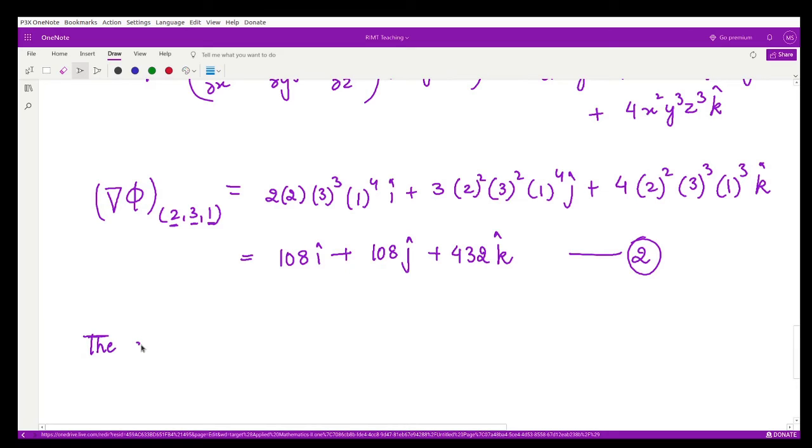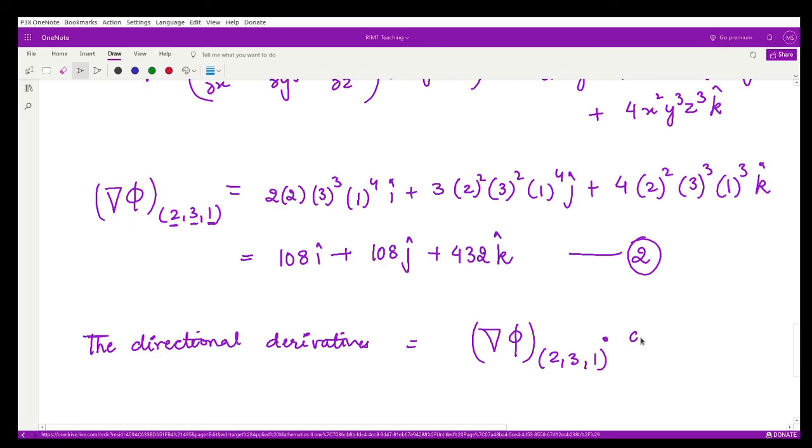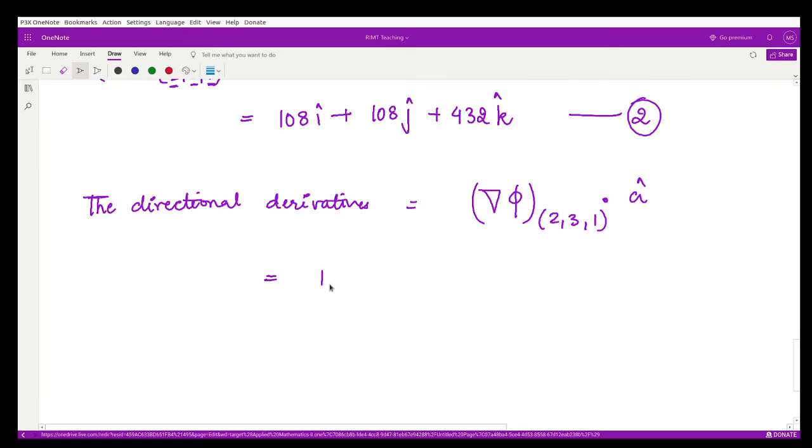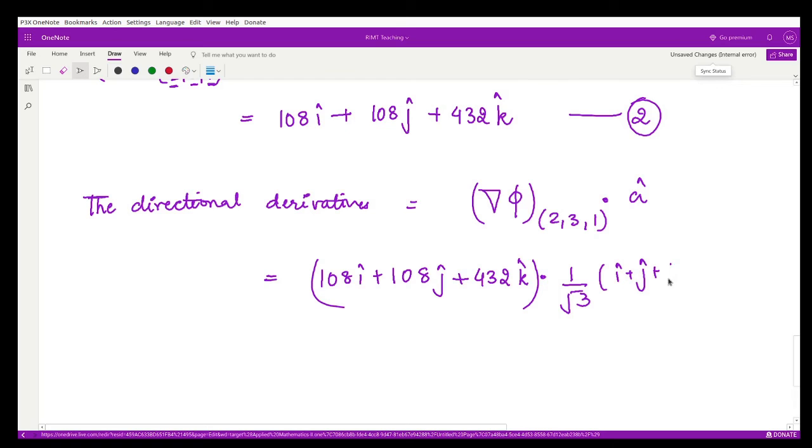Therefore the directional derivative simply becomes equal to the value of gradient calculated at the given point 2, 3, 1 dot product with this vector a, the unit vector in the given direction. So this becomes 108 i cap plus 108 j cap plus 432 k cap dot product with the unit vector, that is 1 by square root 3 times i cap plus j cap plus k cap.